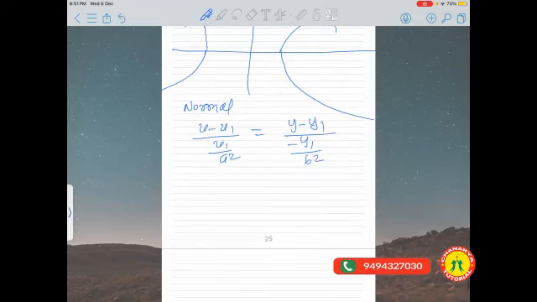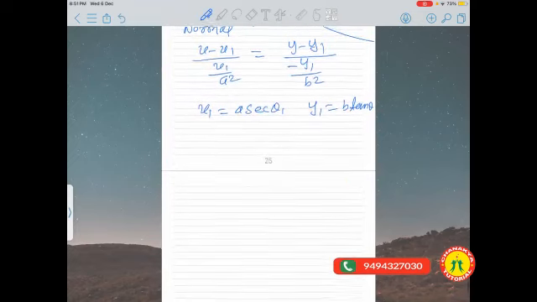So we put x1 equal to a sec theta and y1 equal to b tan theta and simplify.